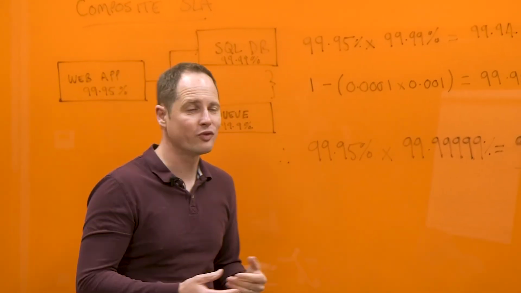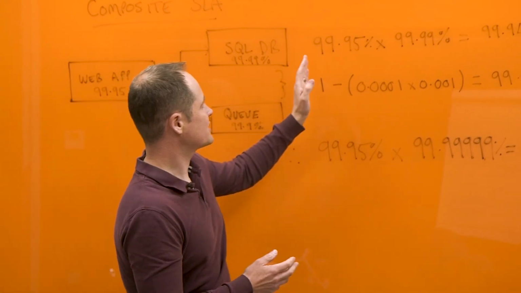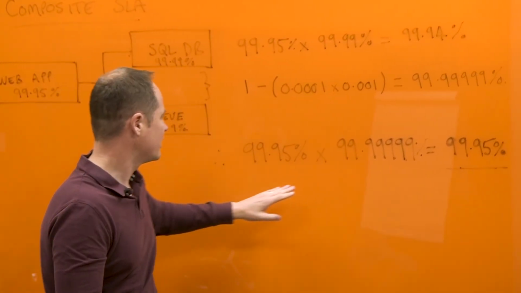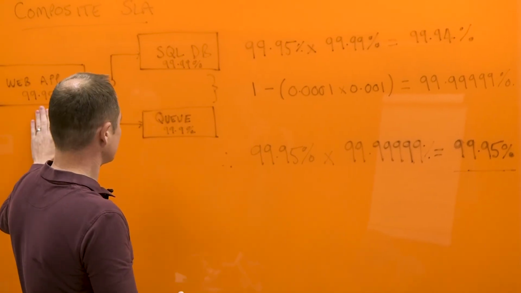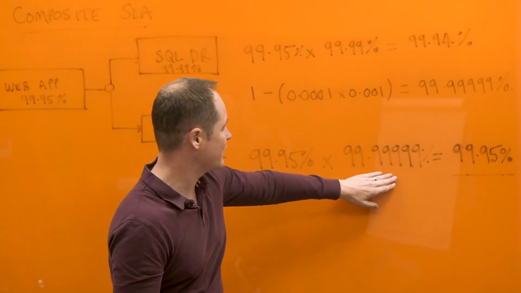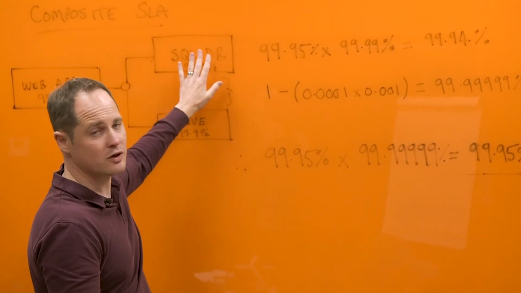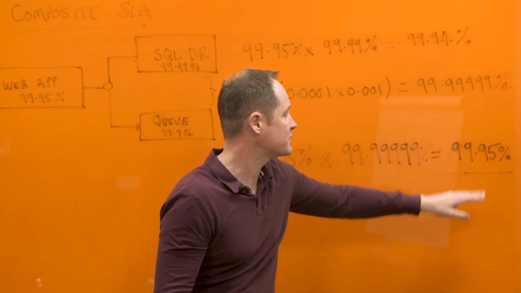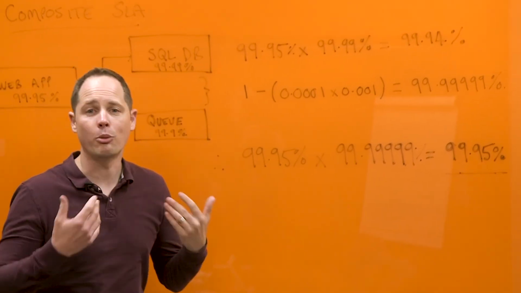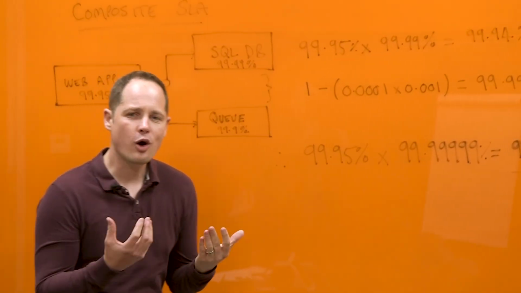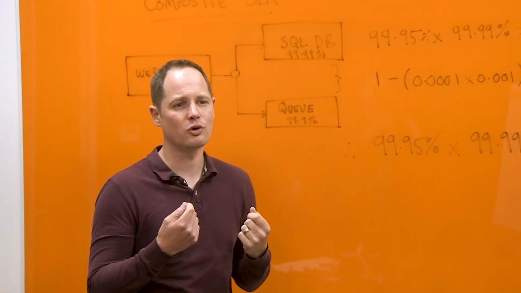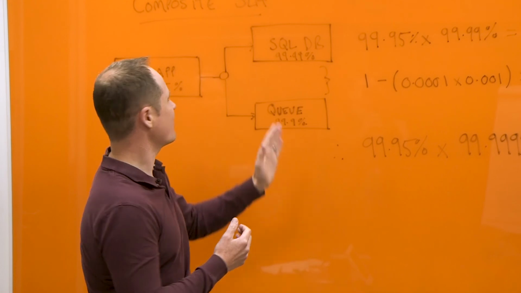Then you just rerun that same calculation with a new SLA for that tier. So you're taking the app service and the availability of this tier, that both are going to be available, and you end up with a 99.95% availability composite SLA.